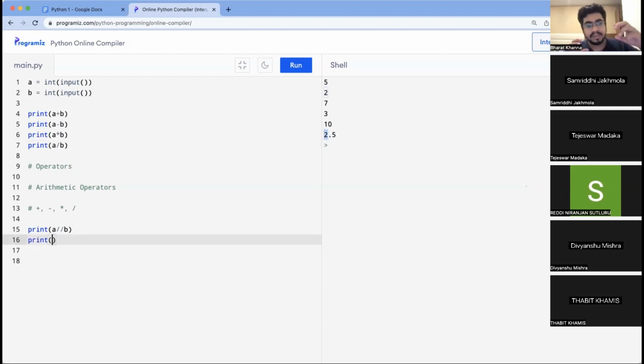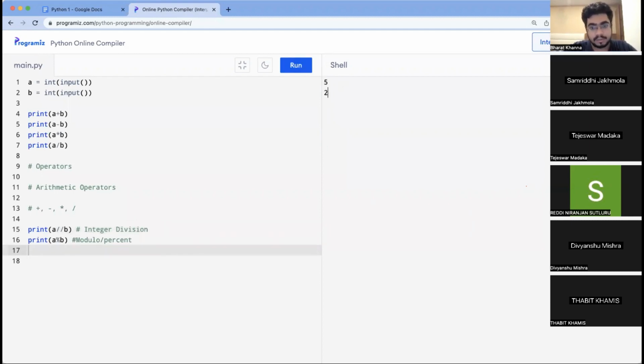Similarly, when we divide two numbers, there is quotient and remainder. If you want to just look at remainder, we have percentage or modulo operator. So modulo is percent, and this operator is integer division. Let me just run this.